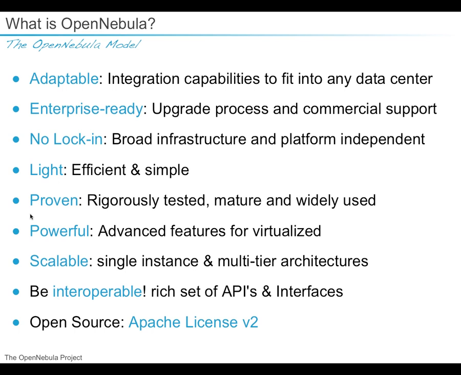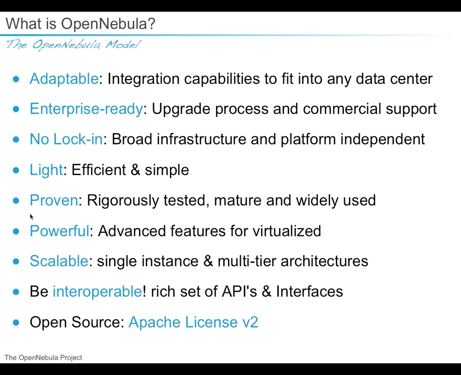One of them is adaptability. It features a really modular and plugin-oriented architecture, which at the end of the day means that the OpenNebula core just manages abstractions of the resources, and then the actual operations are performed by little scripts or little programs that know how to do a particular functionality with a particular technology.